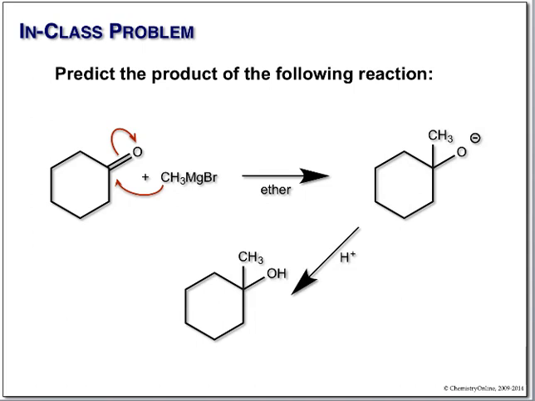On an exam, if I gave you this question, and I simply said, give me the products, don't bother writing the addition intermediate, only write the final alcohol, tertiary alcohol, as our product. If I ask you to show a mechanism, however, that's when you should show the addition intermediate, anything else, and then our final product.